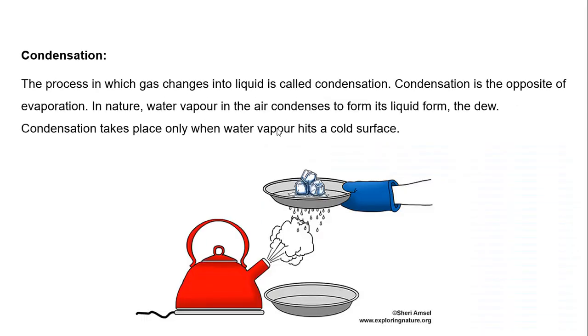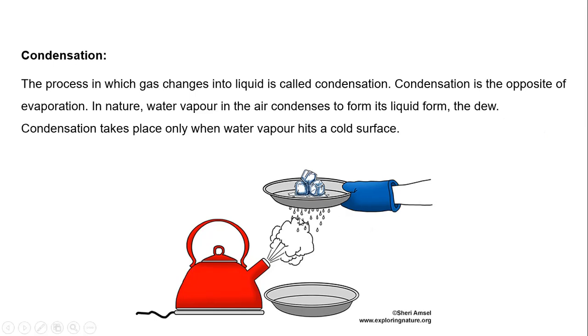Next is condensation. It is just the opposite. The process in which gas changes into liquid is called condensation. In nature, water vapor in air condenses to form liquid forms such as dew. We generally observe dew because of the condensation process.